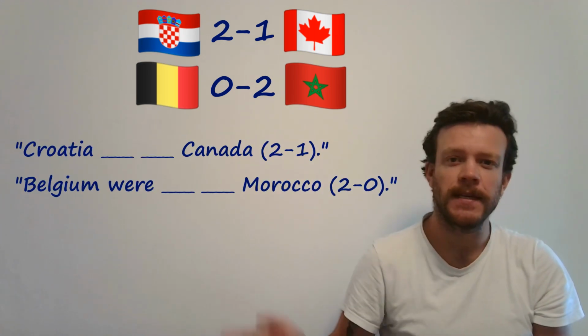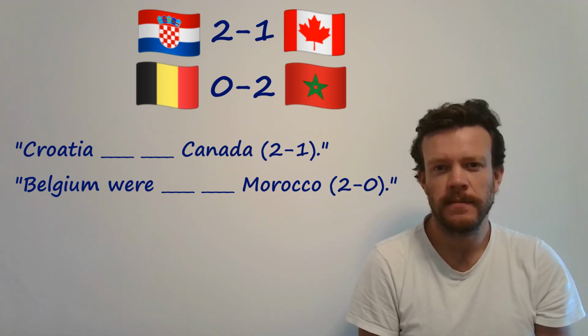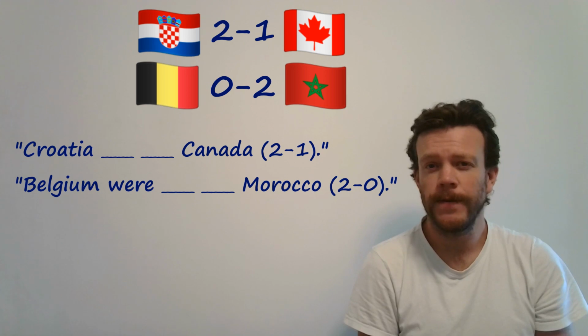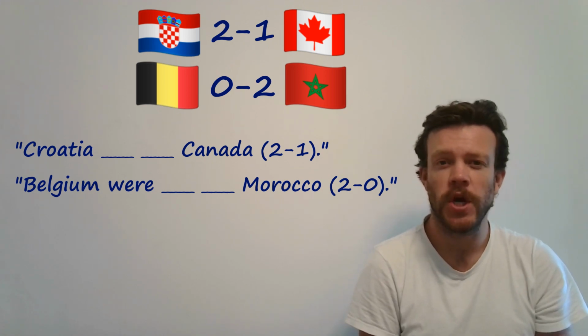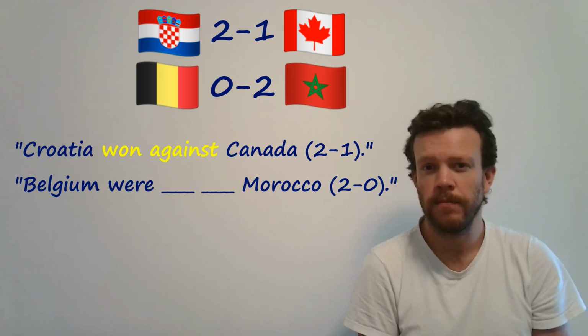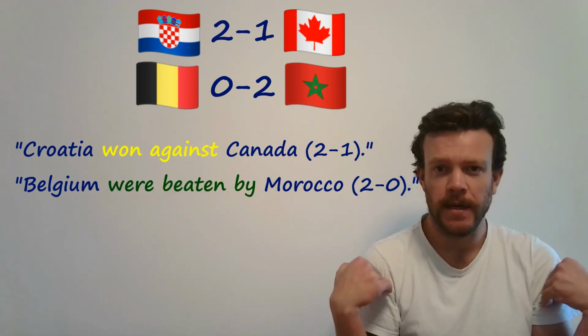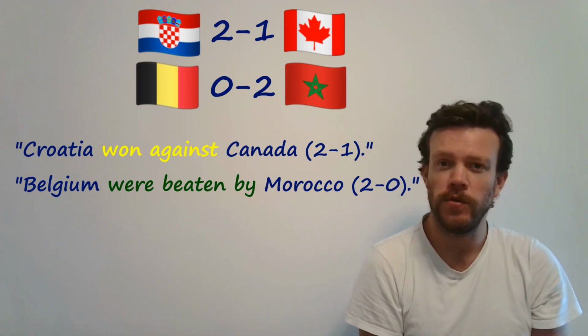And again, just pause the video, look at the scores, and complete these sentences. And well done if you said Croatia won against Canada 2-1, and Belgium were beaten by Morocco 2-0.